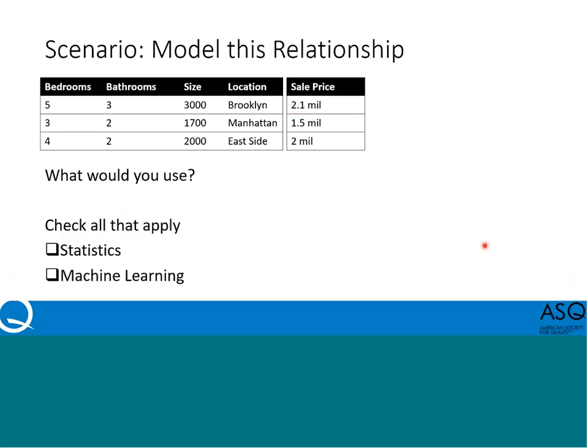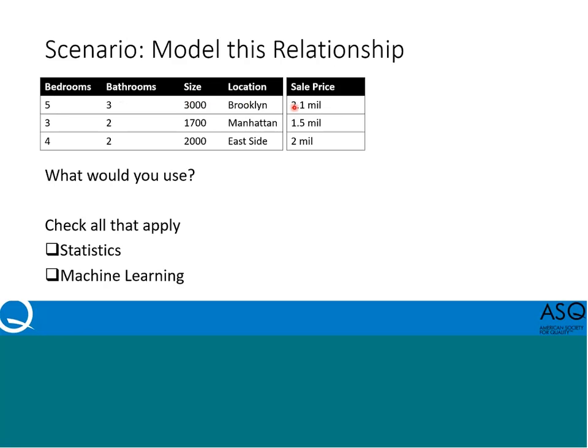Okay, so I want to start with a scenario with some example data here where you have information about some apartments in New York City: number of bedrooms, number of bathrooms, the size, location, and then the sales price. So a scenario might be, okay, take this data.